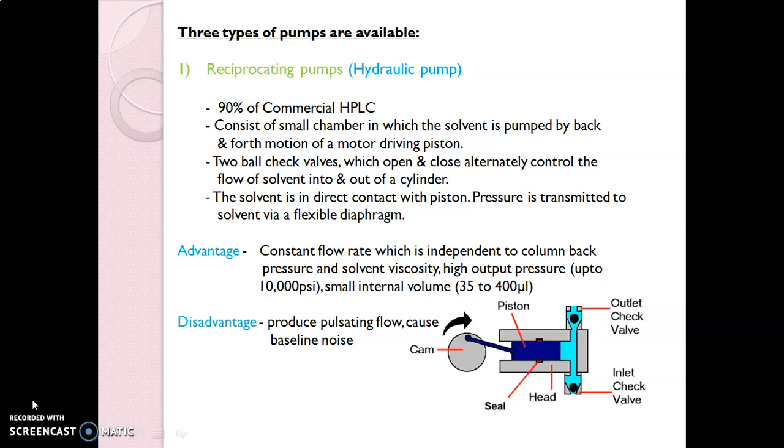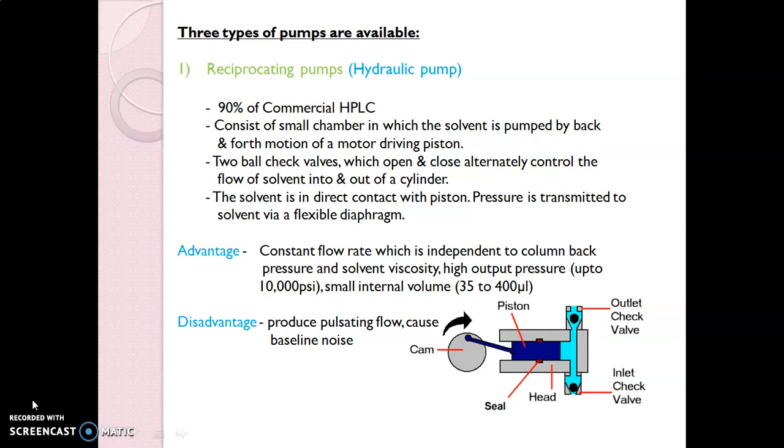So this reciprocating pump consists of a small chamber, shown in faint, sky blue color, in which the solvent is pumped by the back and forth motion of the motor driving piston. Two ball check valves are there which open and close alternately to control the flow of solvent into and out of the cylinder. The solvent is in direct contact with the piston.